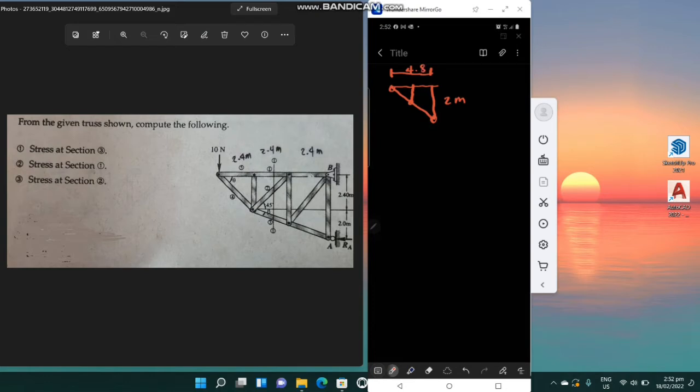So beta, buha na to siya by tangent. So beta is inverse tan 2 over 4.8. So beta is 22.62 degrees.